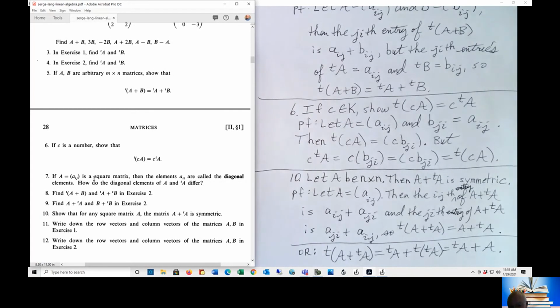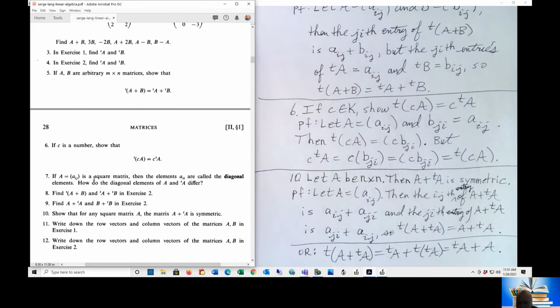Again, let A be the matrix with Aij entries. Then the ijth entry of A plus transpose A is Aij plus Aji. And on the other hand, the jith entry of A plus transpose A is the reverse, Aji plus Aij, but those are equal.